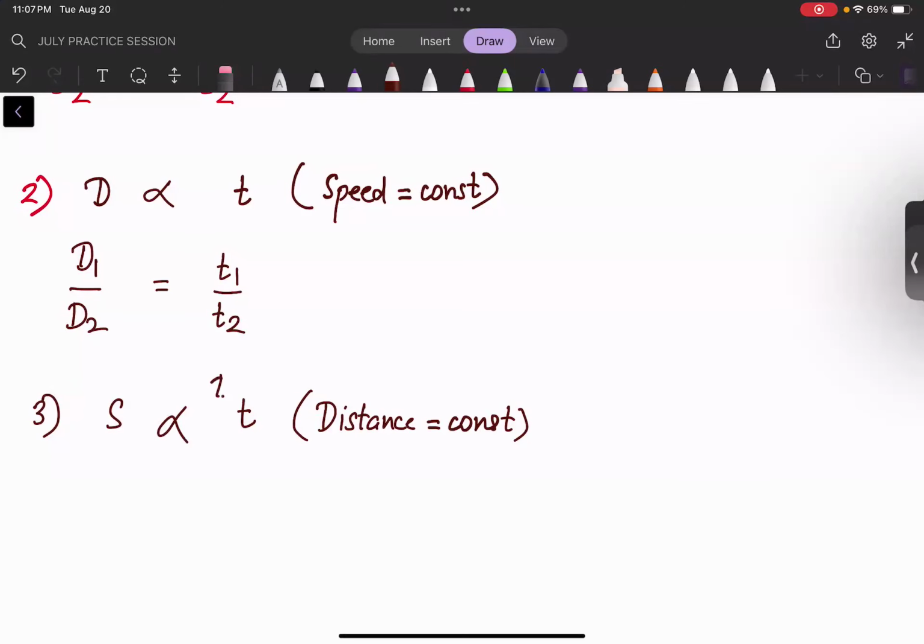Take the inverse of time and write the proportional sign. So speed is inversely proportional to time. How you will write the formula is this way: for inversely proportional, the numbering should be opposite. If here you are taking 1, here you will take 2. If here you are taking 2, here you will take 1. Understood? All of you. Numbering should be opposite, that is inverse.